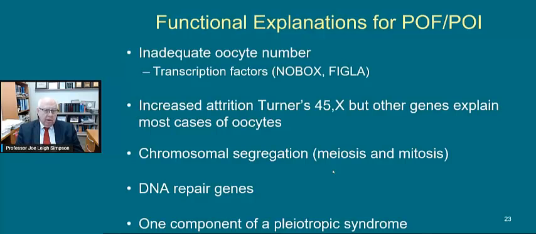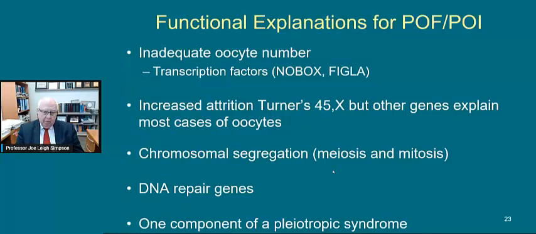The second is there is simply increased attrition compared to what's normal. We've talked about the 7 million winnowing down to about 400 to 500 in 46,XX individuals. So some attrition is normal and required. On the other hand, in Turner syndrome, the attrition is at a more rapid rate.